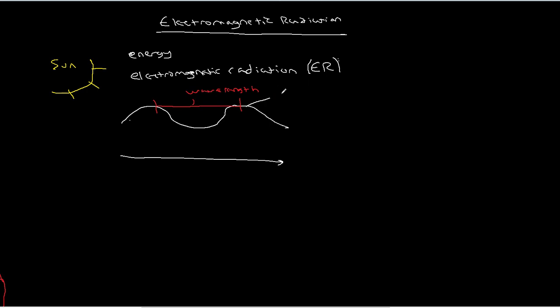So this is called the peak. This dip here is called a trough. So the distance from one peak to the next peak is called wavelength, and this is going to be very important. So much so that I'm actually going to make a note of it.